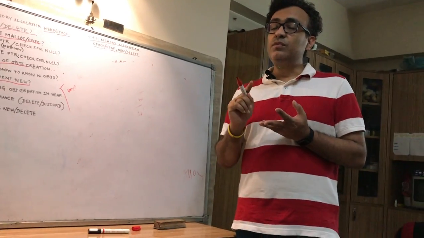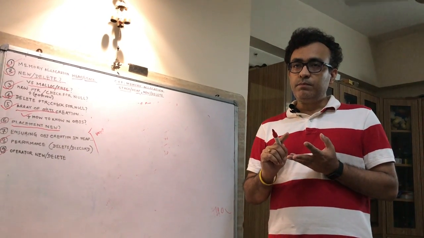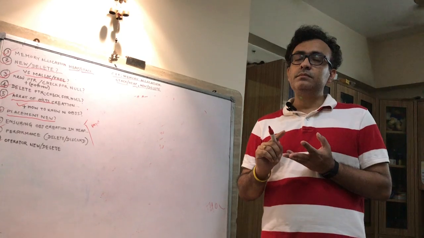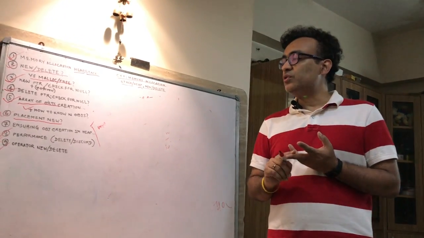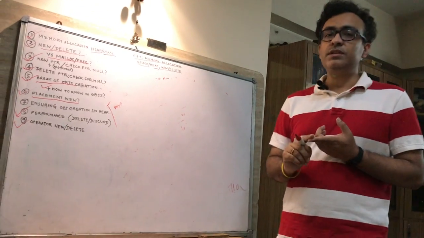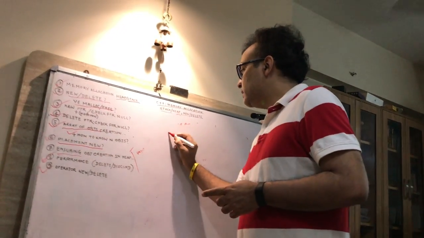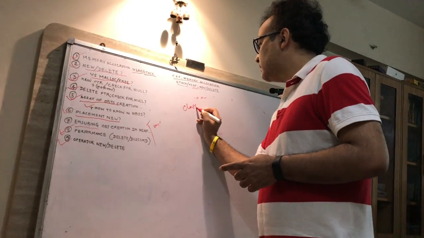If we need to ensure that all allocations of a class will be heap allocations and no stack allocations, maybe we can ensure that by writing a class like this.